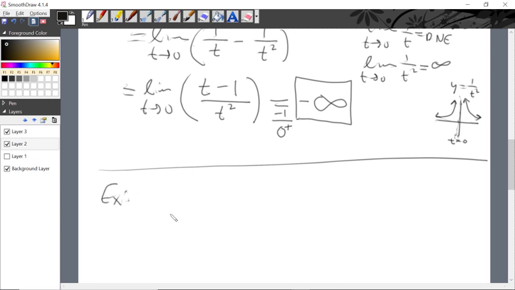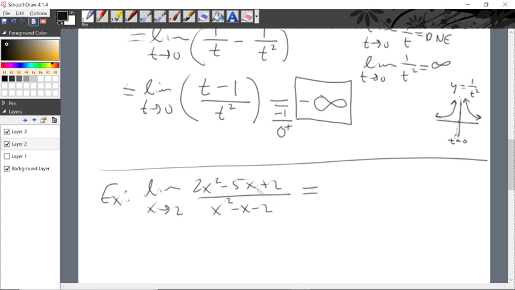Okay. So we have several indeterminate forms. The limit as x goes to 2 of 2x squared minus 5x plus 2 over x squared minus x minus 2 is an example. We don't know it's indeterminate until we try to run the limit.